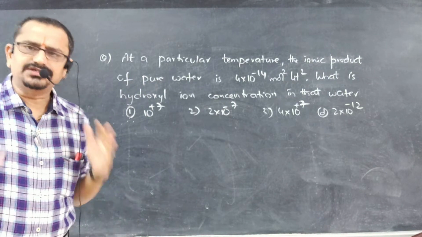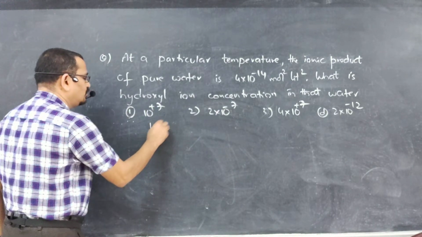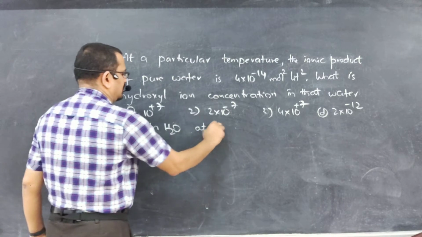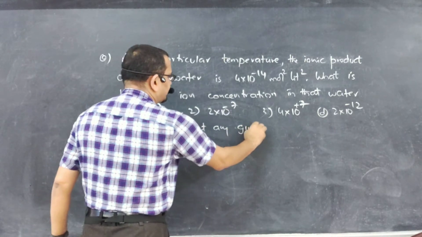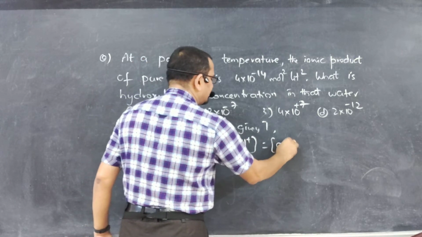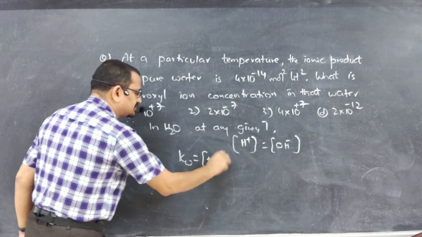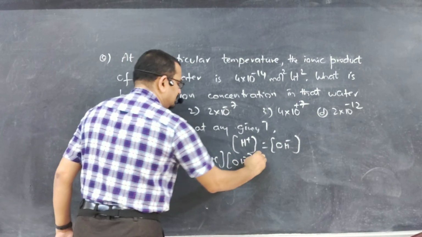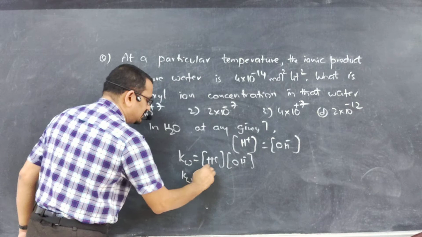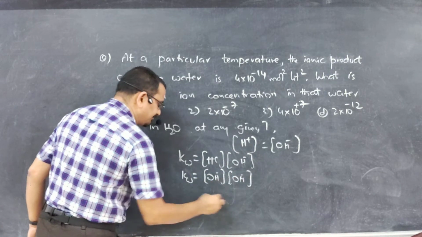See, it is water. At any given temperature, the concentration of H plus will be the same as that of OH minus. So the ionic product of water, Kw, is the concentration of H plus into OH minus. This can be written as Kw equals OH minus into OH minus, as both are the same.